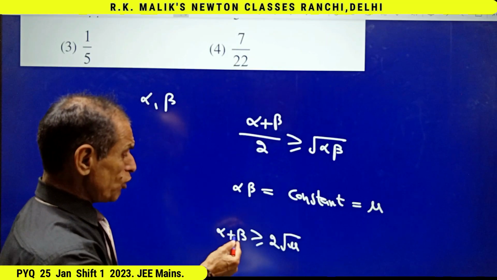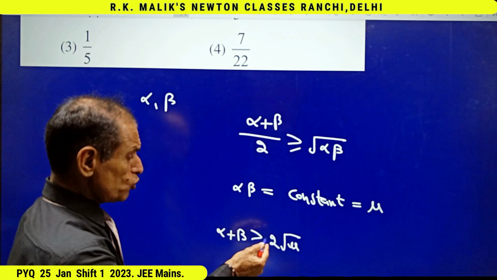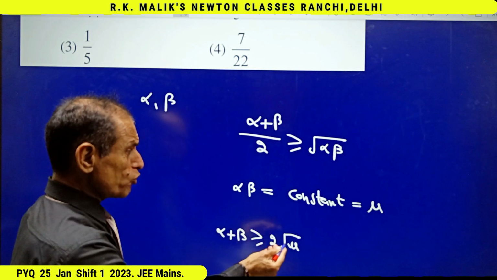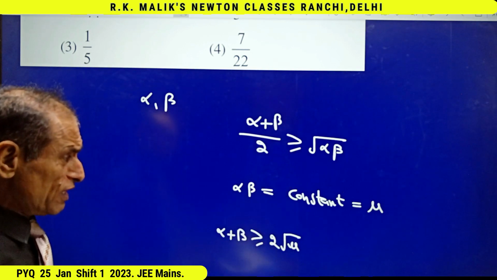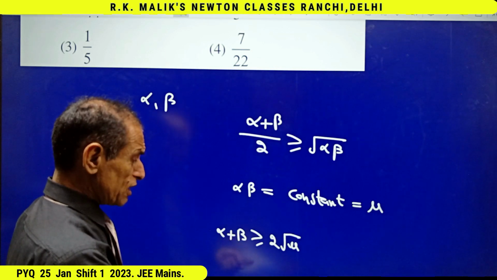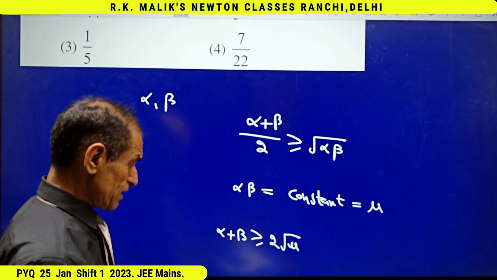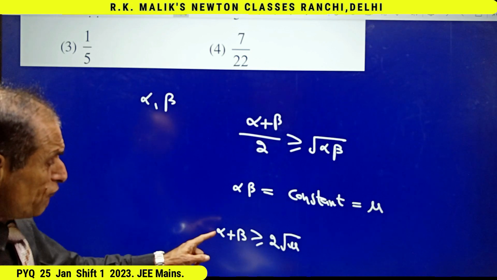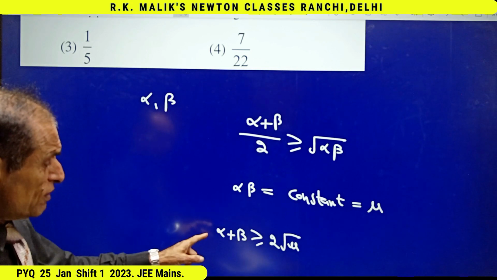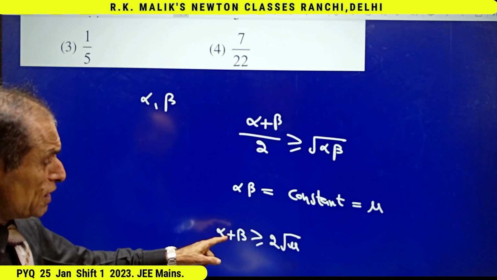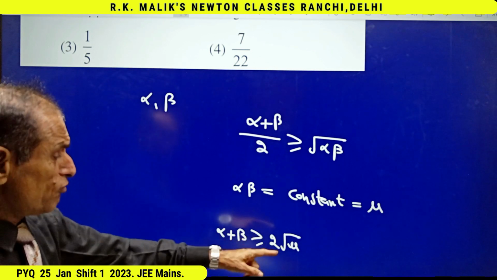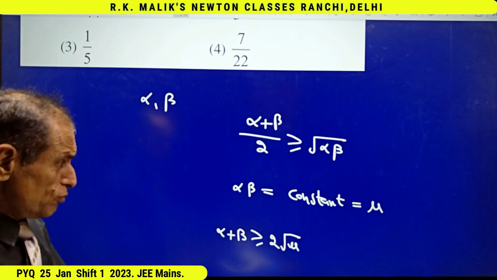That is, the least value of alpha plus beta will be 2 under root mu, where mu is the product of alpha and beta. And you should know this thing also, that equality is possible when alpha and beta are equal. That is, when alpha and beta are equal, then alpha plus beta will become least, and the least value will be 2 under root mu.